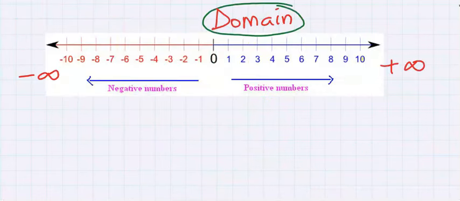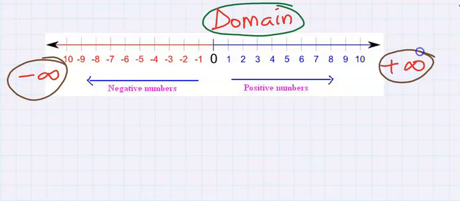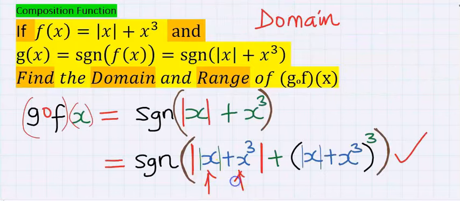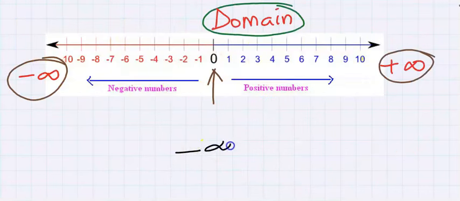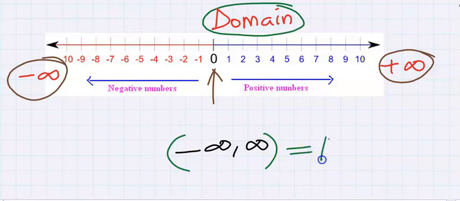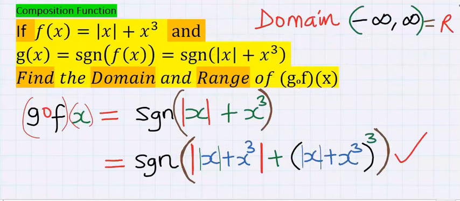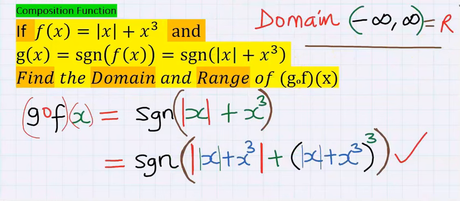And for the domain, all the values of x towards the negative infinity and towards the positive infinity, including 0, will all be allowed for x in this signum function. This means that all real numbers are permitted to come in for x. Hence, the domain is all real numbers.